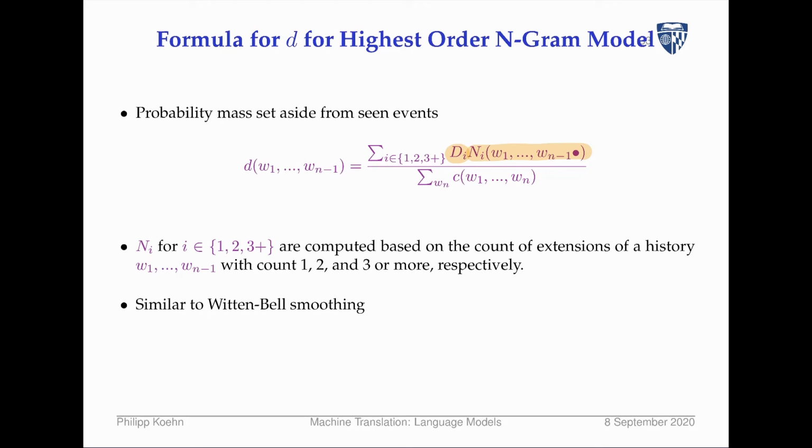Then there are all the ones that occur twice, their count and the discounting value for that, and then the ones that occur 3 or more times. So we add up all these discount values that we subtracted from the actual counts, divided by the total number of times any n-gram occurred in that context. That's the discount value.